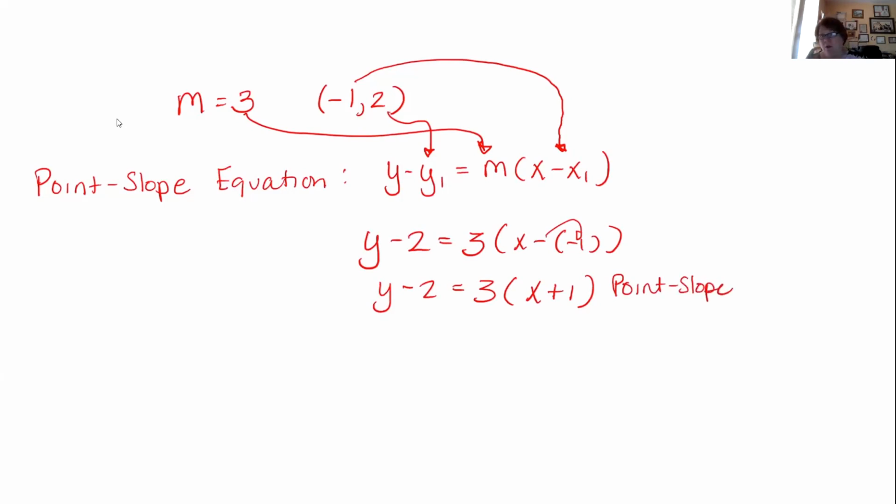So this is an equation that's parallel to y equals 3x, and it goes through the point -1, 2. Now, this is point slope form. If we want it in slope intercept form, then we just need to solve this for y. So I'm going to distribute the 3 across.